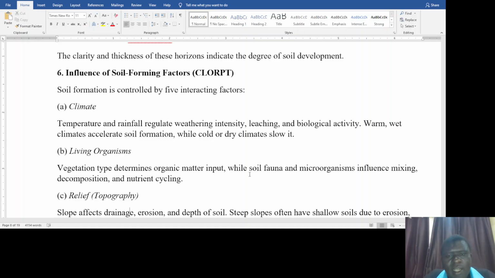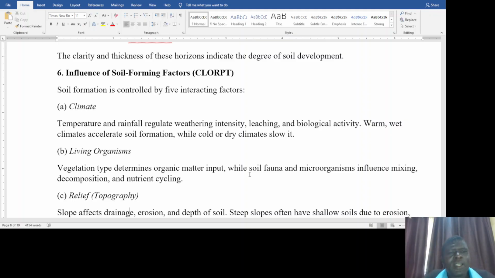Weather conditions vary from one part of the earth to the other, or the biosphere to the other, and the mineral compositions of the parent rock in various places differ markedly. Hence, the various processes of soil formation differ from one place to another.